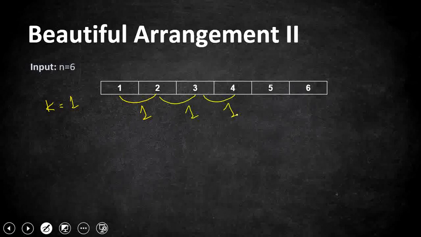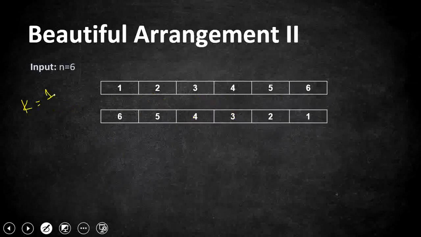Another possible arrangement for k is equal to 1 is arranging the numbers in reverse order, so that again all the differences between the adjacent numbers are 1. These two arrangements are the only possible arrangements when k is equal to 1.